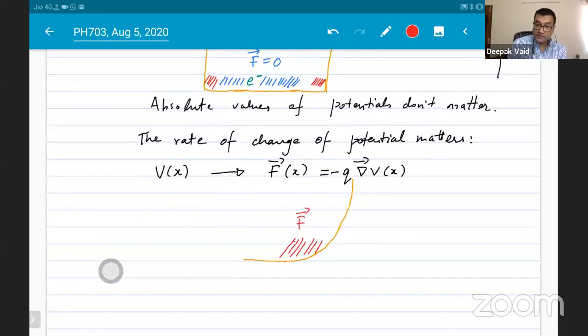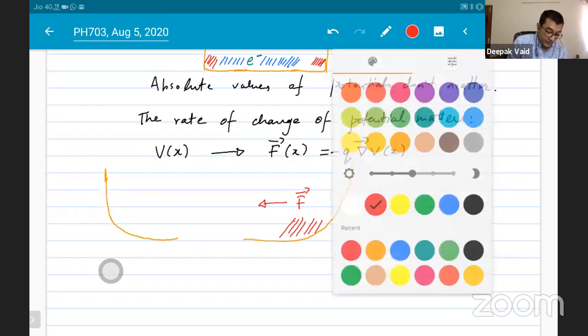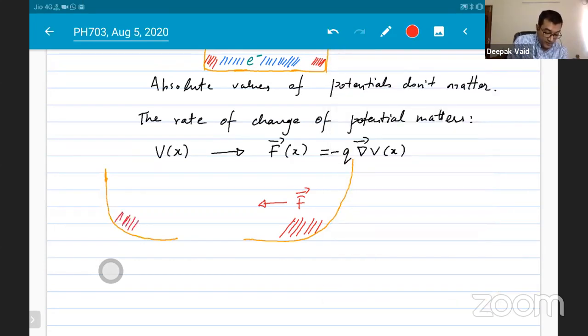And in which direction does it feel a force? It feels a force pushing it away from this point. The same way, if you are on the other end of this segment, again the electron will feel a force as you reach this region. Why?